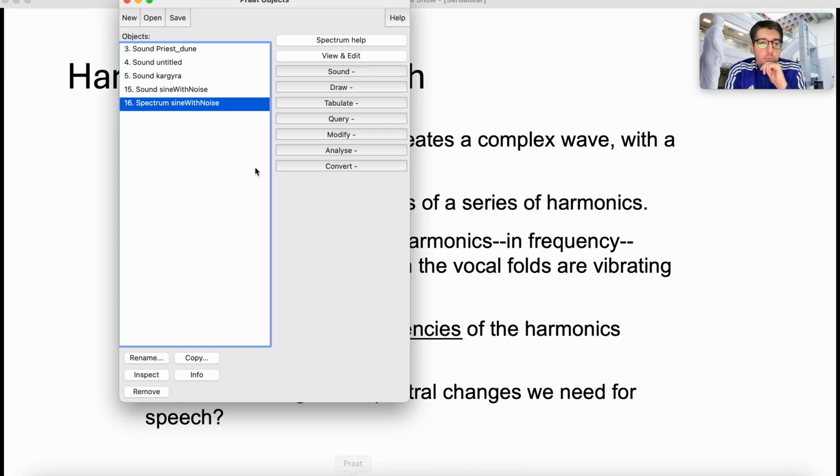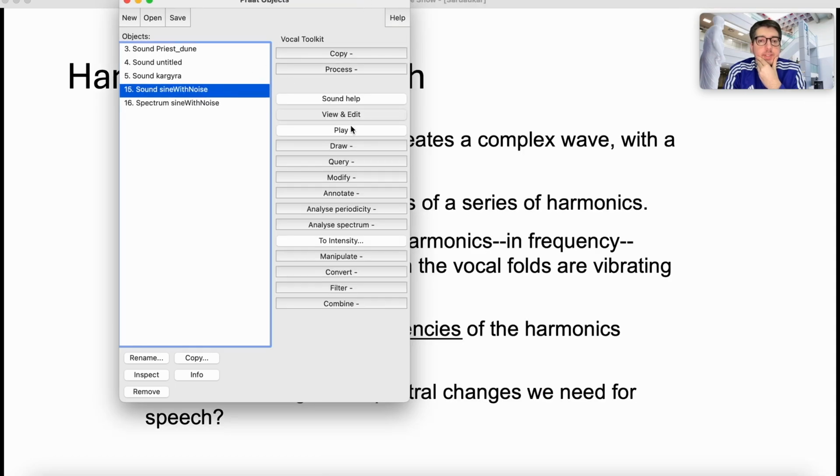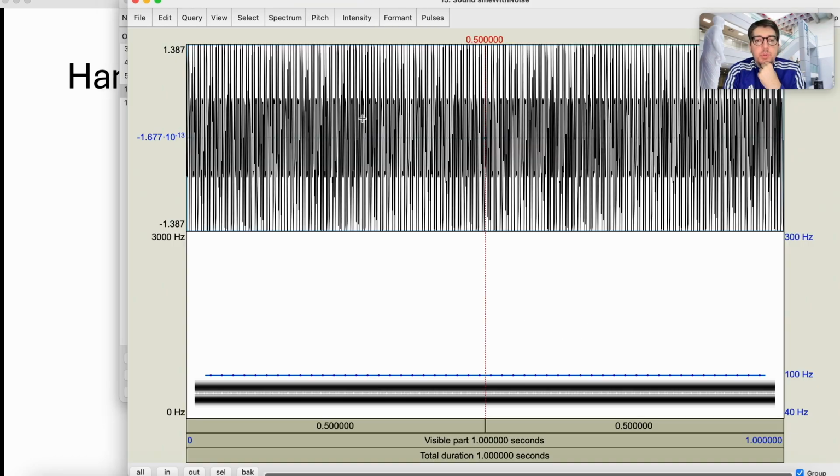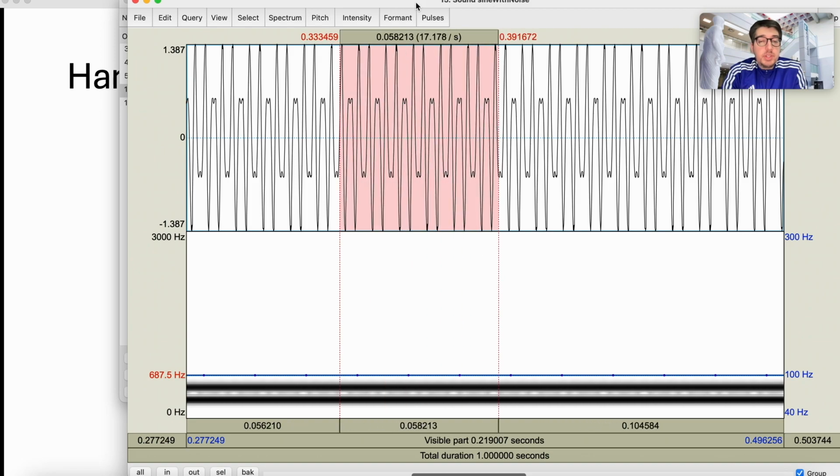For example, this is one complex wave. We know the fundamental frequency, or the first harmonic, is 100, the second one is 200, the third one is 300, and so on and so forth. But this is not speech. We need something else for speech.